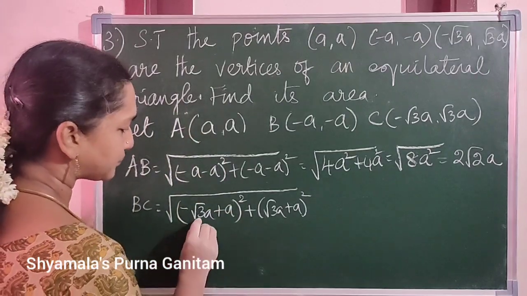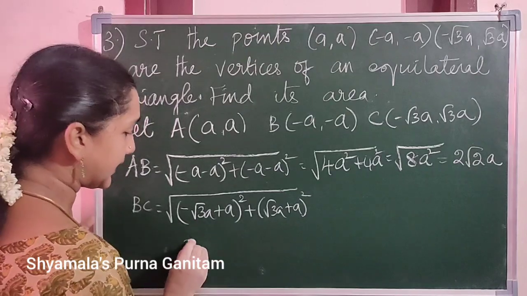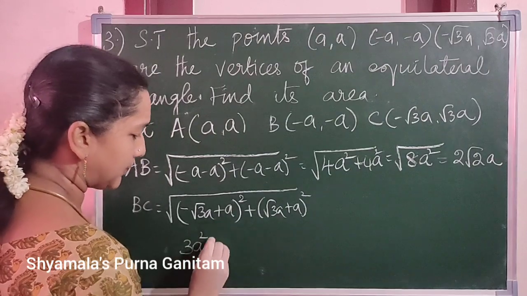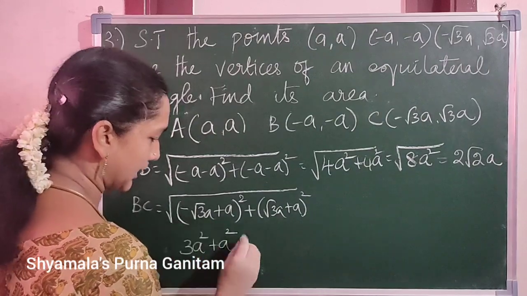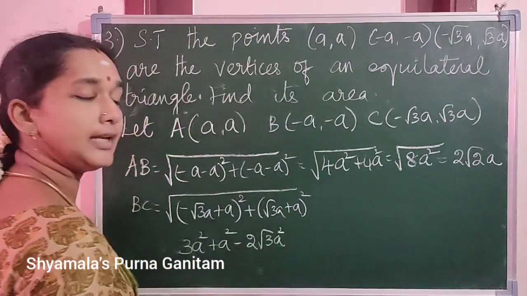So this one will be a squared. Minus root 3a the whole squared is 3a squared. a squared plus b squared minus 2ab. You will get a squared.